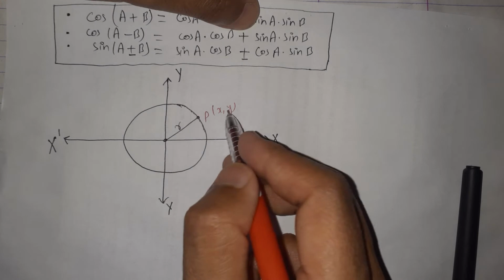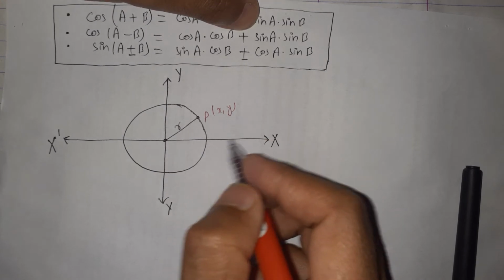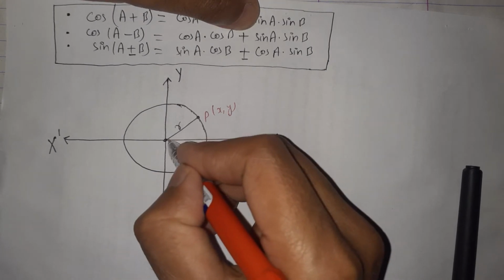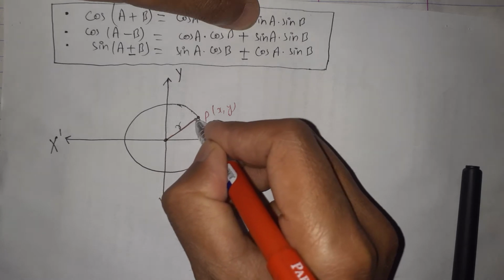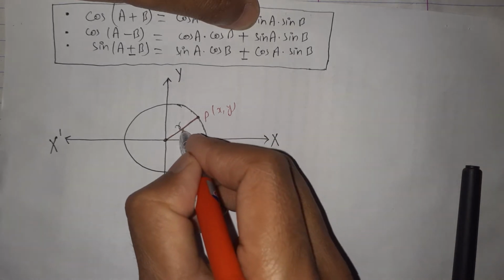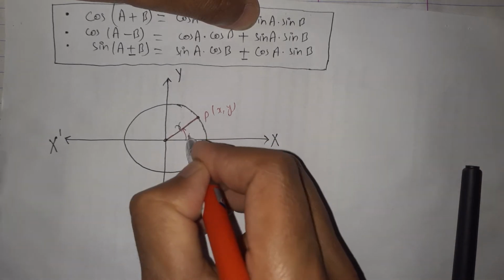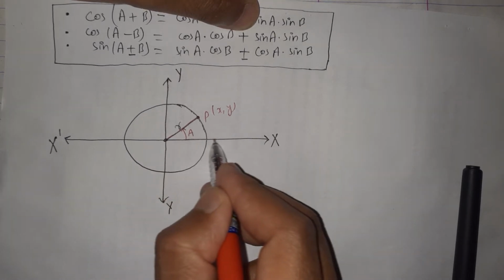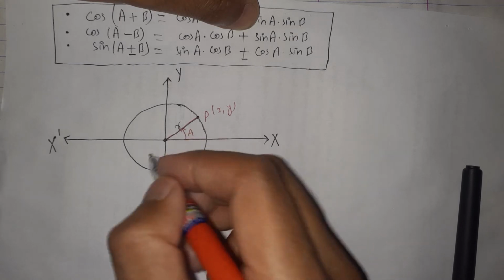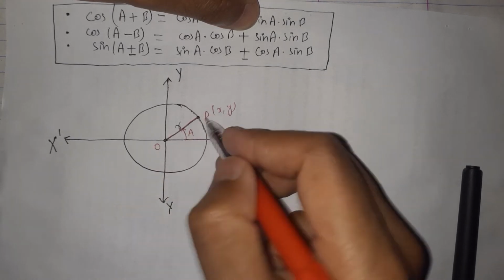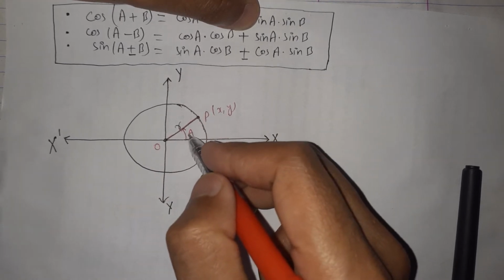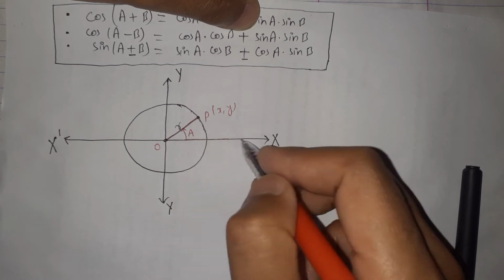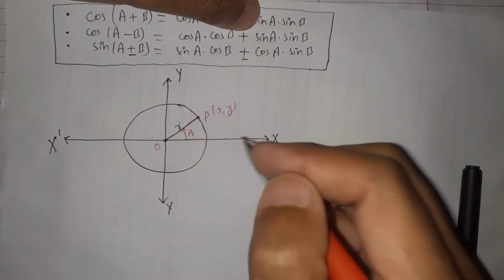This is the Cartesian coordinate for the point P, and let's say this inclined line, this radial vector, makes an angle of a with the positive x-axis. This is the positive x-axis. Here the radial vector OP makes an angle of a with the positive x-axis in the counterclockwise direction.